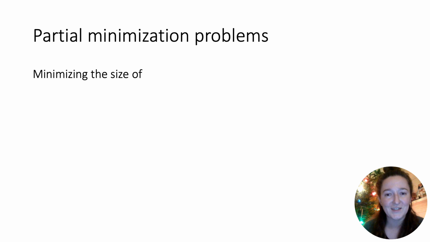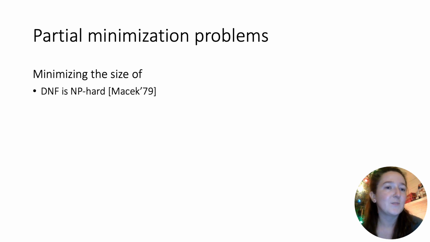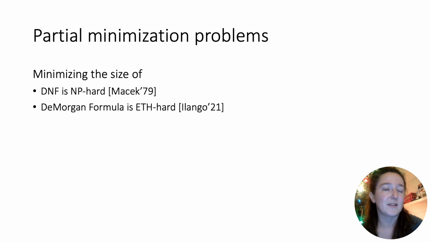One of the motivations for studying a partial version of the minimum branching program size problem is to develop techniques which will help us construct a reduction from partial MCSP to total MCSP. Let me explain why. We know that minimizing the size of DNFs is NP-hard, and minimizing the size of De Morgan formulas is ETH-hard.